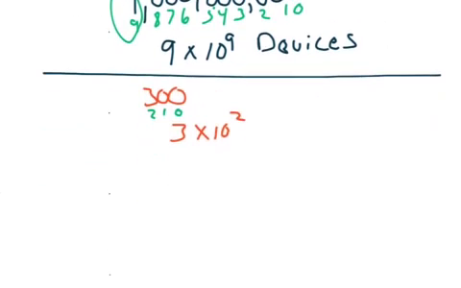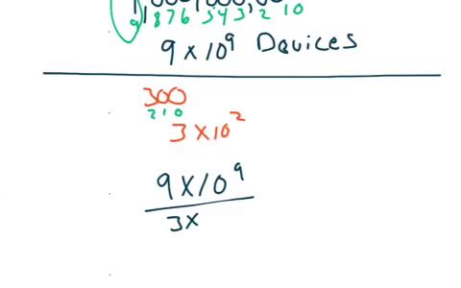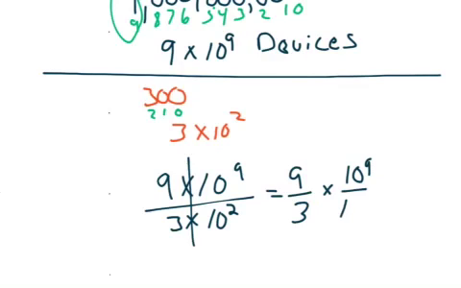Well, I need to divide this. So I'm going to take 9 times 10 to the 9th divided by 3 times 10 to the 2nd. And again, split these up because we have that multiplication there. We can do 9 divided by 3 times 10 to the 9th over 10 to the 2nd.